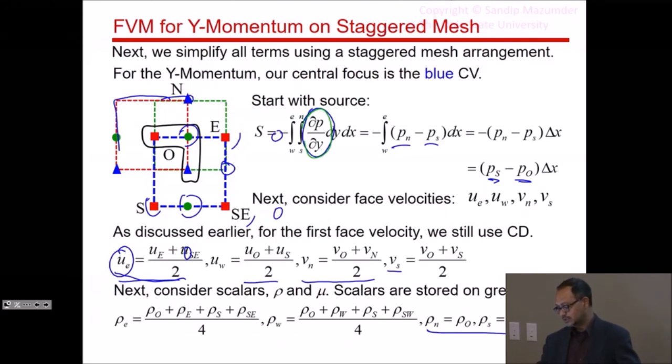That's these two expressions, east and west. Any questions? So very similar to X momentum, but you have to be careful. The expressions are different. Same idea for mu. As I said, density and mu viscosity follow the same procedure.